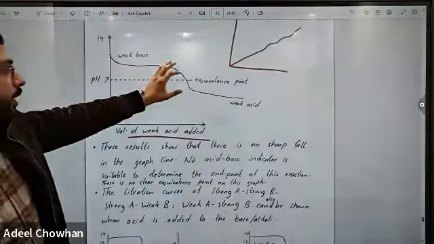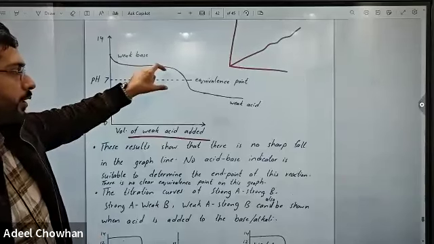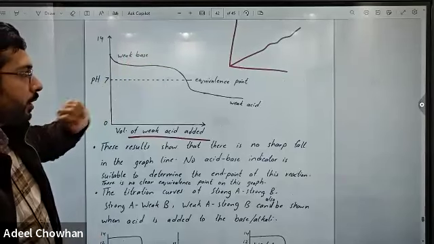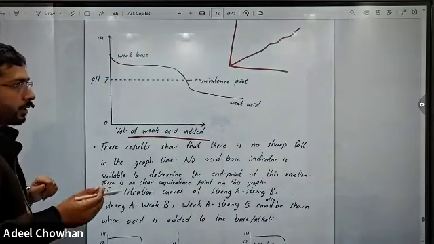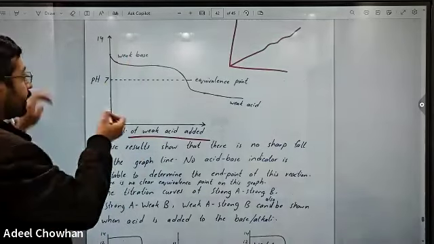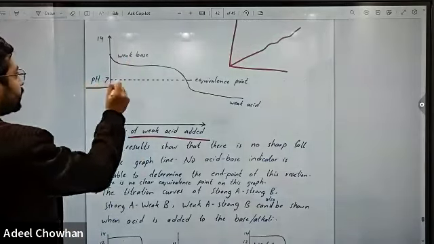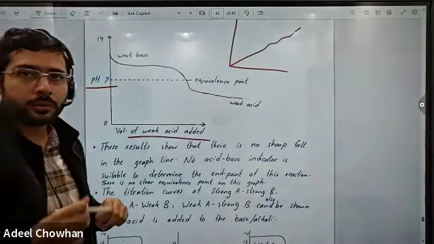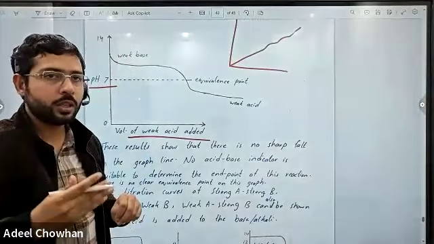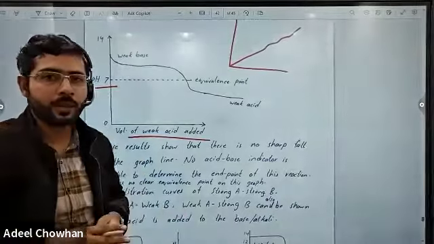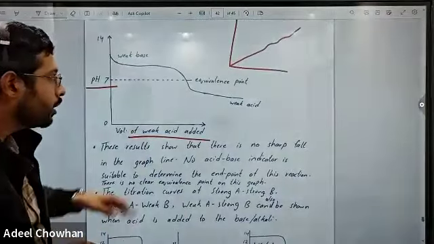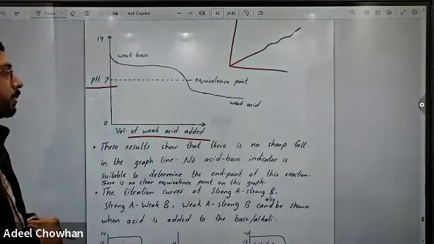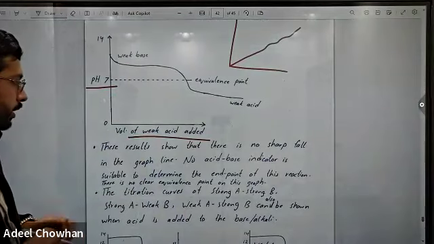So here you can see the equivalence point is not very clear. There is no distinct equivalence point, but the value is somewhere at pH 7. So pH 7 is the equivalence point of this combination in which weak acid is added to the weak base.